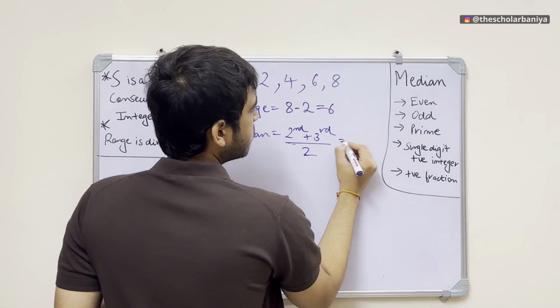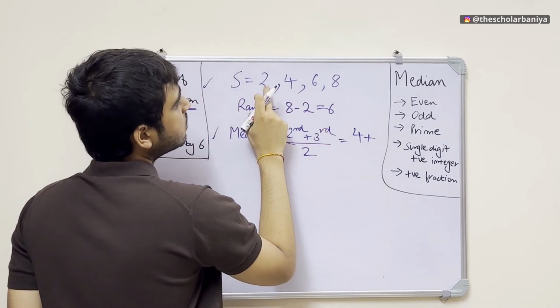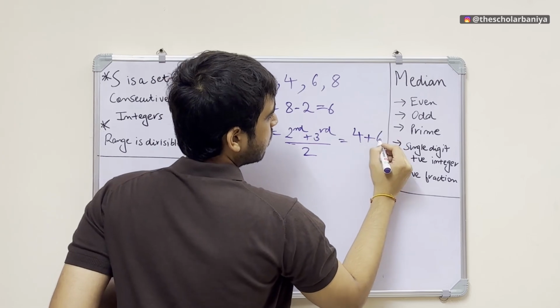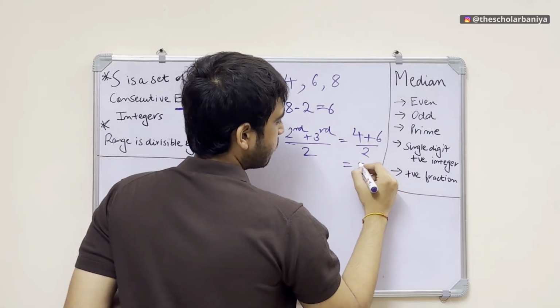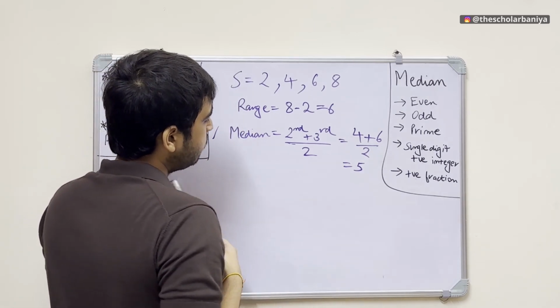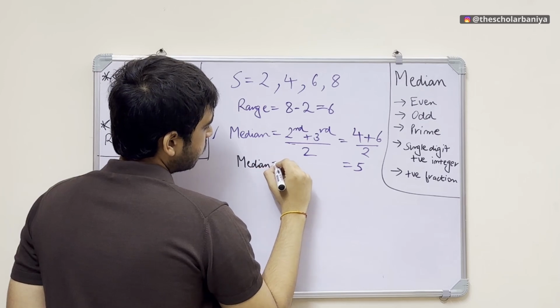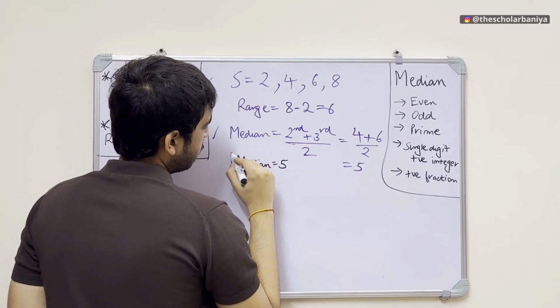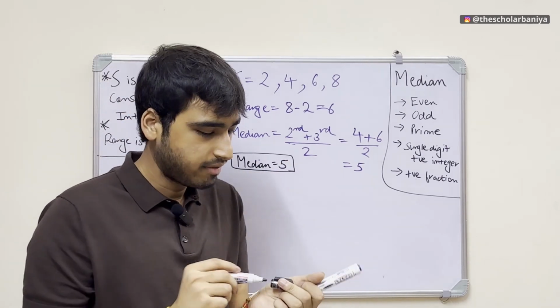The second term is 4, the third term is 6, so 4 plus 6 is 10, divided by 2 is 5. That means the median turns out to be 5.